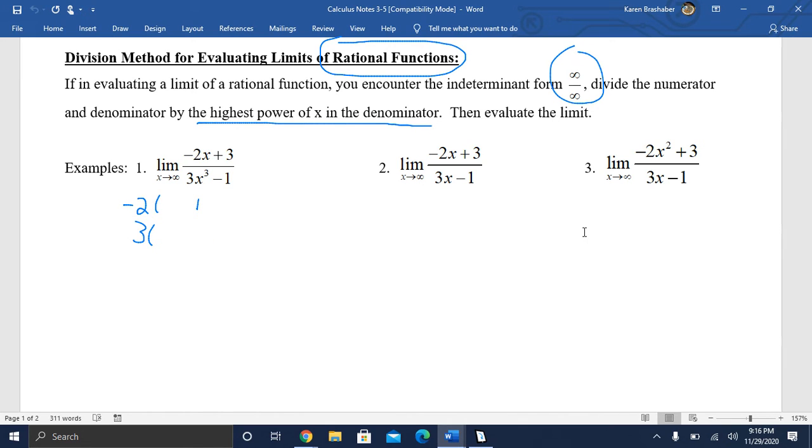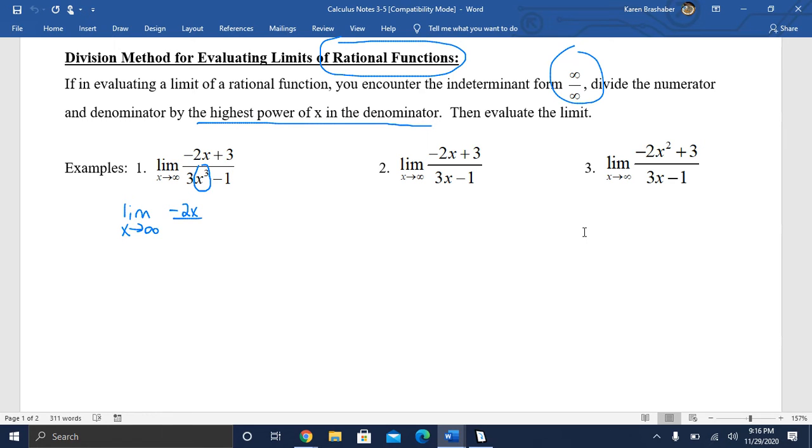And I'm going to use this method that I described, where I divide by the highest power of x in the denominator. So the highest power of x is x to the third power. So I'll do the limit as x approaches infinity, and I'm going to divide each term.